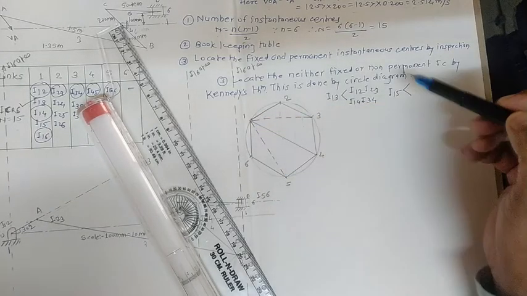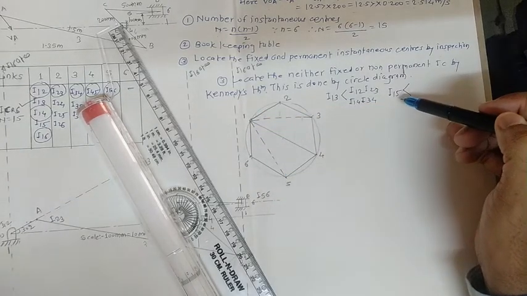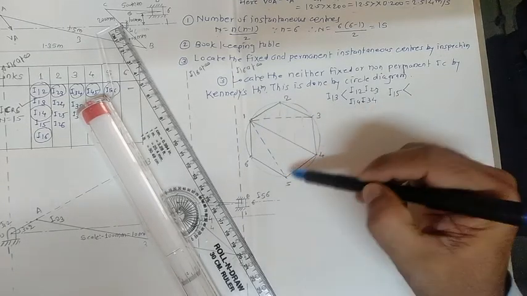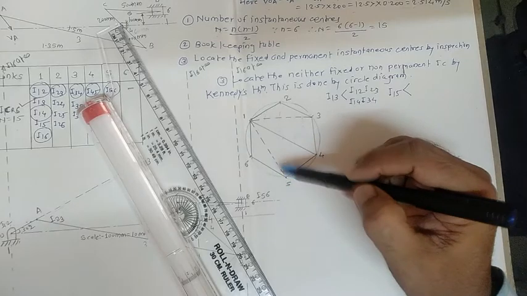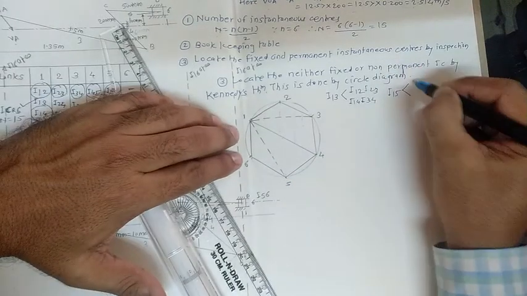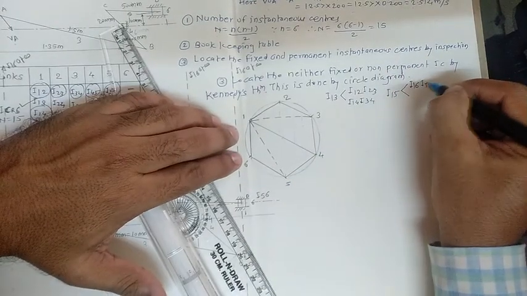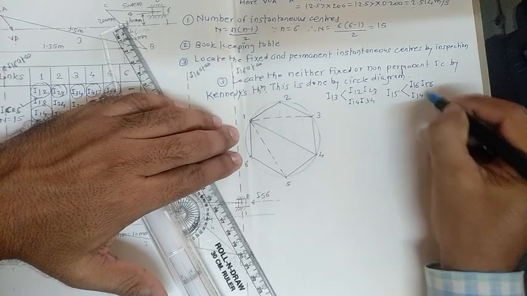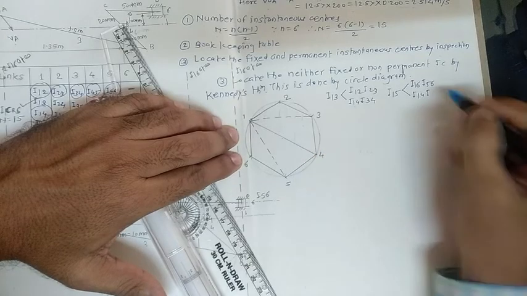So what about the guideline? What about the path we get? I15 is the intersection of this line, this line, this line, and this line. We can write this in this way: I16, I56, and from the top side you can get I14, I45, 4 5.